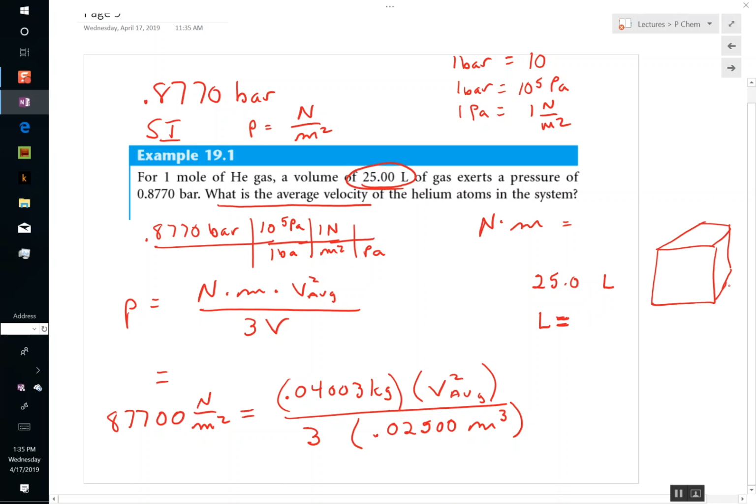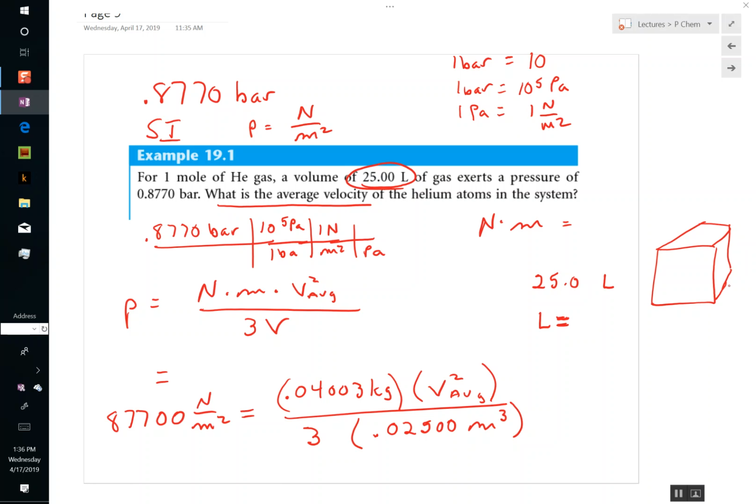Oh, well, the M would have been 4.003 atomic mass units, which is grams, which is also the same as grams per mole. So if you have a mole of them, then you have 4.003 grams of them, or 0.004003 kilograms.